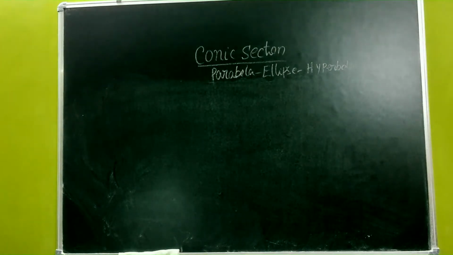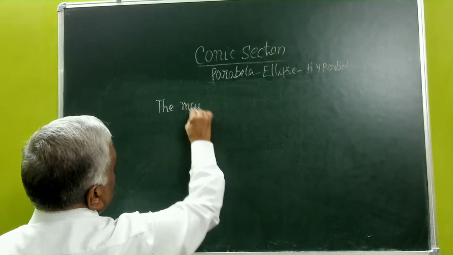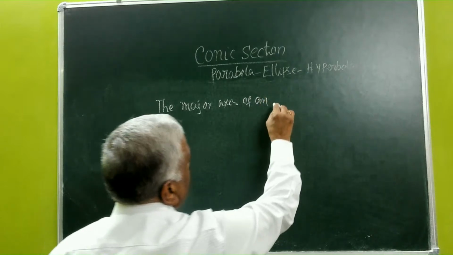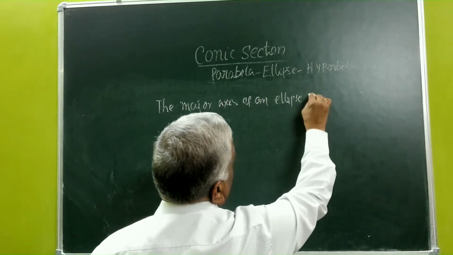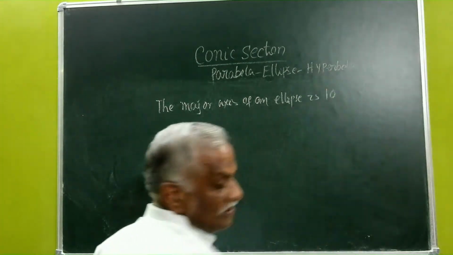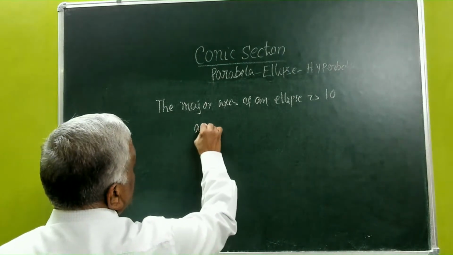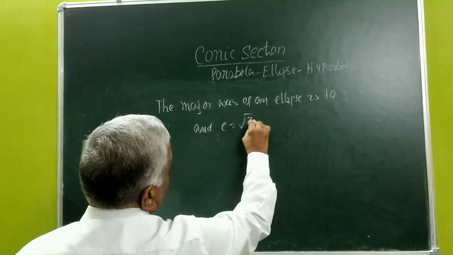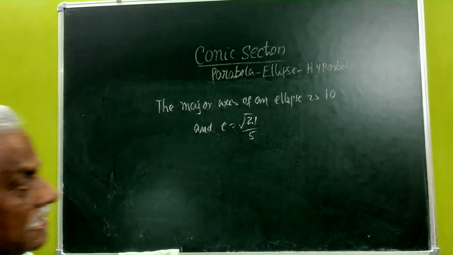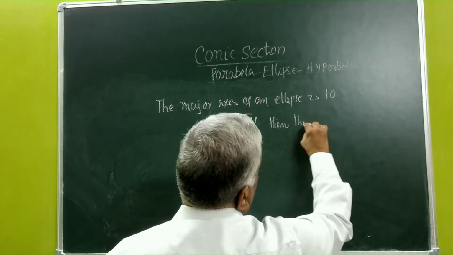The major axis of an ellipse is 10 units, and e equals root 21 by 5. Then the length of the minor axis.